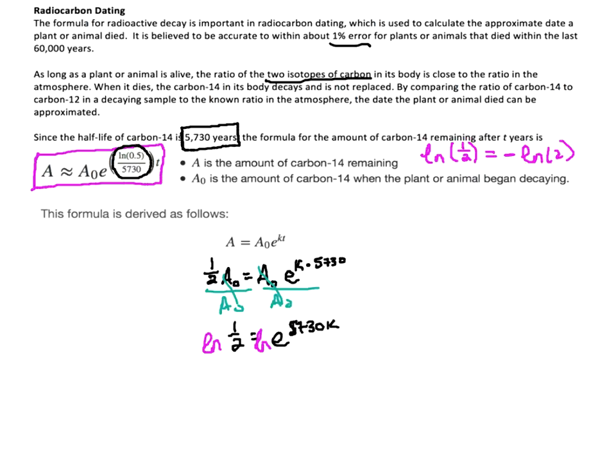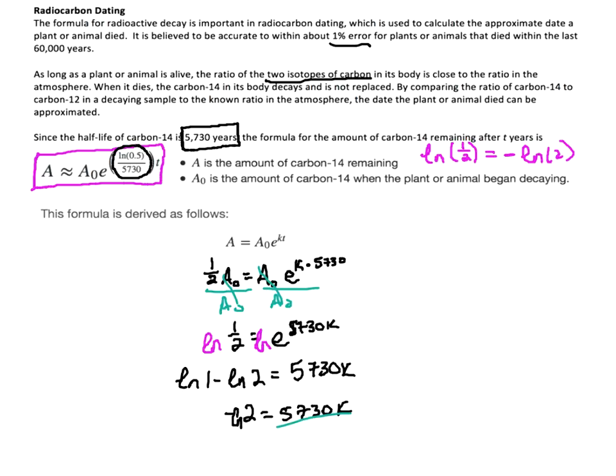So that left-hand side, I'm about to show you how the ln of 1/2 is equal to the negative ln of 2, because that's the ln of 1 minus the ln of 2. And the ln of e raised to the 5730k, remember, that's just going to be 5730k. And the ln of 1 is 0, so negative ln of 2 equals 5730k.